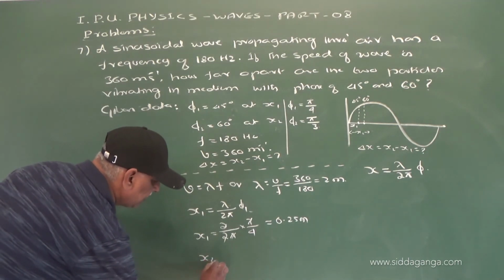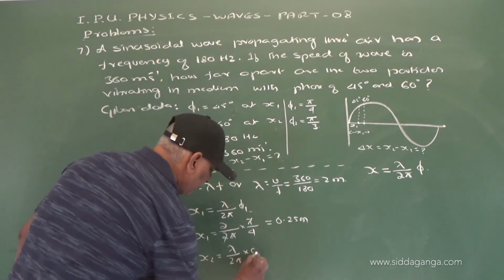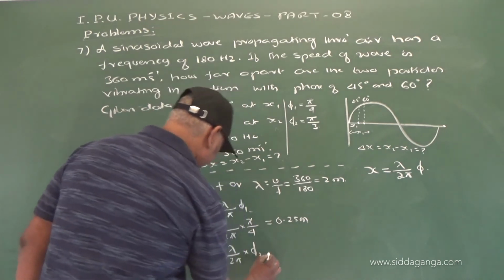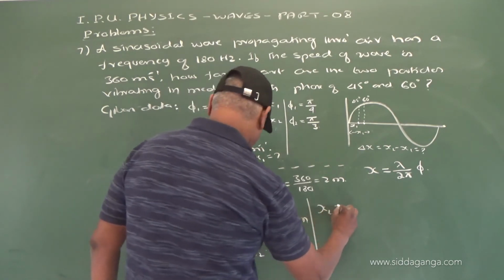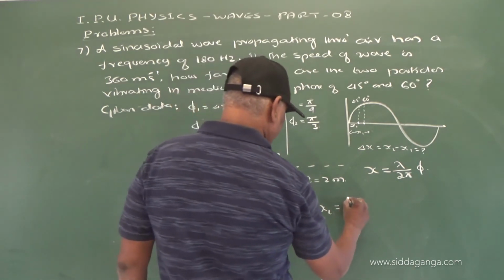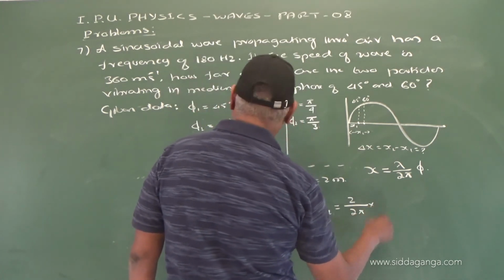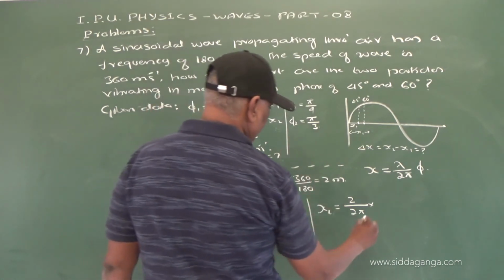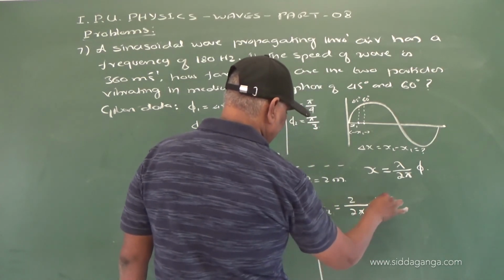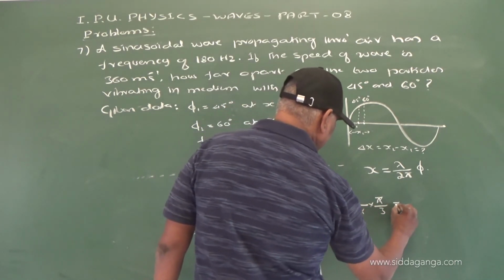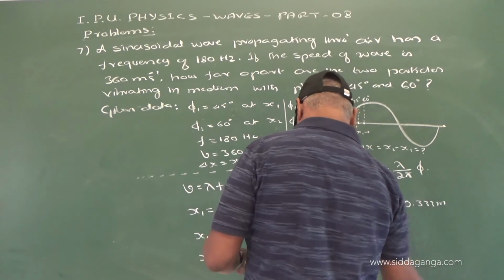Now x2 is equal to lambda by 2 pi into phi 2, that implies x2 is equal to 2 by 2 pi into 60 degree, which is equal to pi by 3. Pi gets cancelled, 2 gets cancelled, that is equal to 1 by 3, that is 0.333 meter.